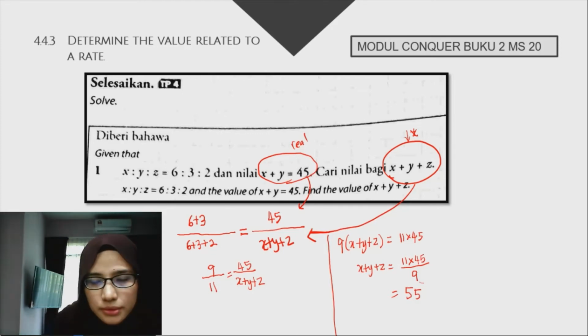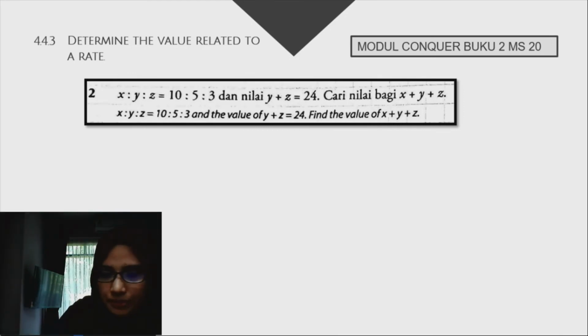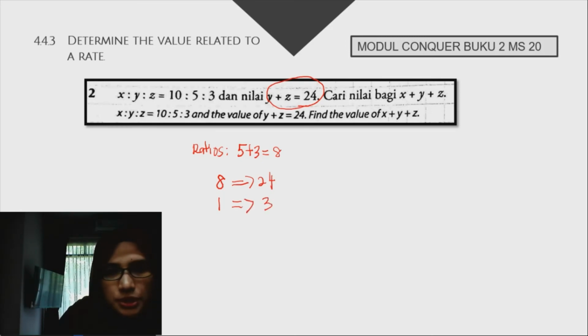So if you are not confident using this method, you can always use the unitary method. How can you use the unitary method? Here we have y plus z is 24. So in ratios, we need to compare the same thing, y plus z, that is 5 plus 3, which is 8. So you are comparing ratios. 8 is 24. What about one unit of ratios? That is 3.